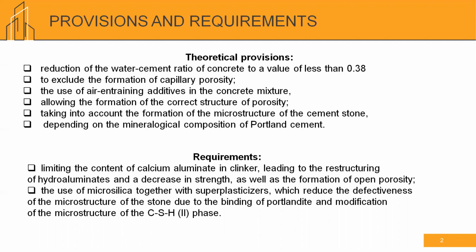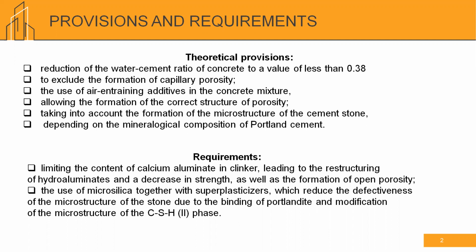Reduction of the water-cement ratio of concrete to a value of less than 0.38 to exclude the formation of capillary porosity. The use of air entraining additives in the concrete mixture, allowing the formation of the correct structure of porosity. Taking into account the formation of the microstructure of the cement stone, depending on the mineralogical composition of Portland cement.